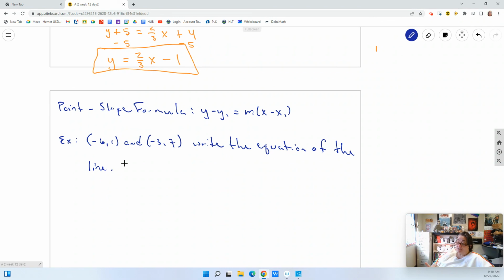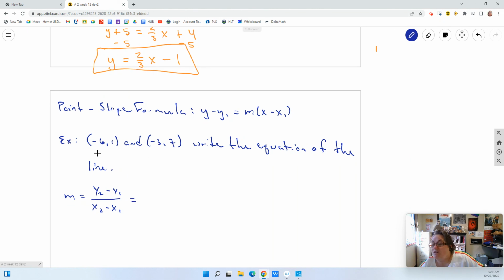And I know you guys have used it before, but what it basically is the difference in our y's over the difference in our x's. So m equals y2 minus y1 over x2 minus x1, right? The differences in our y values over the differences in our x values.